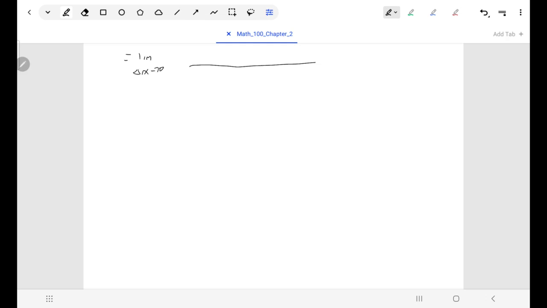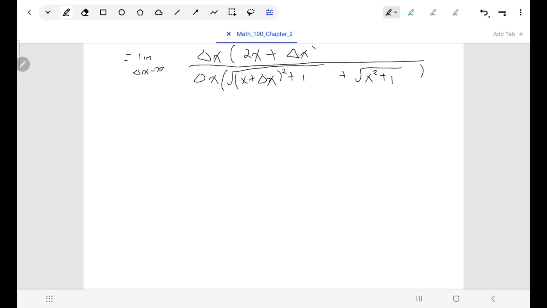So I will have in the denominator, I'll keep that same as I had before, which was delta x and then first root plus second root. And in the top, once I factor out my delta x, I'll have left behind 2x plus delta x.